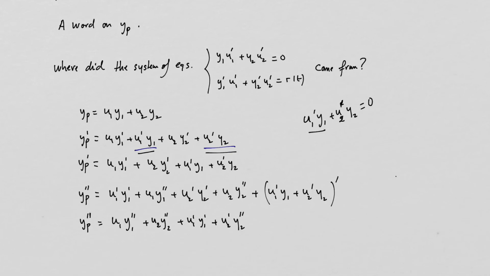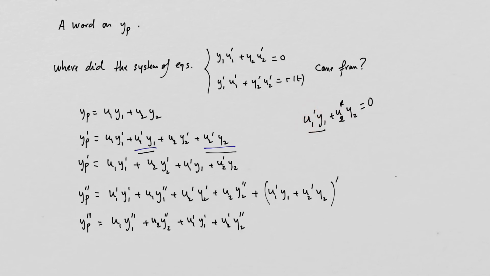Actually, you'll remember them because they show up in the system, don't they? So what I'm going to do is pick either u1 prime or u2 prime. Let's say we pick u1 prime. We just pick it.